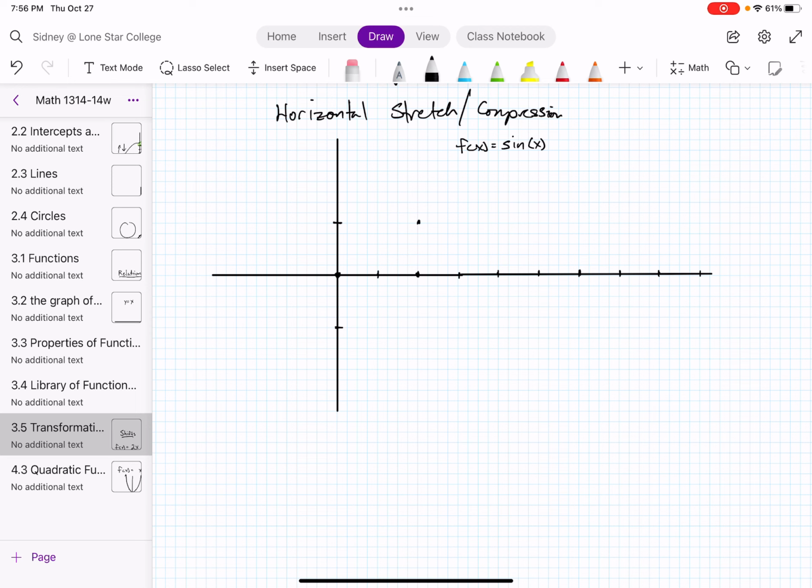And so what I want you to see is this. The sine function is a wave. It goes up, and it crests right there, and it comes back down through the x-axis.